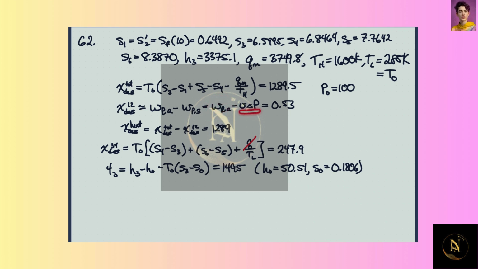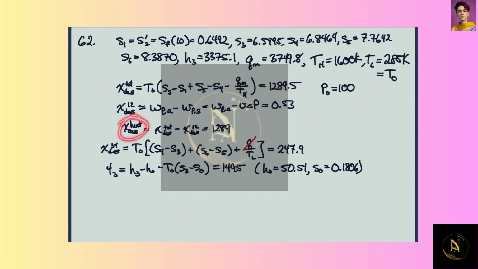The isentropic work is just the specific volume of the water in the pump times the change in pressure. We essentially calculated that, but then divided by the efficiency to get this. So in the end, the exergy destruction in the pump is very small. It's 0.53 kilojoules per kilogram.